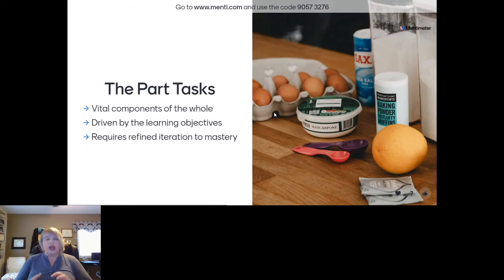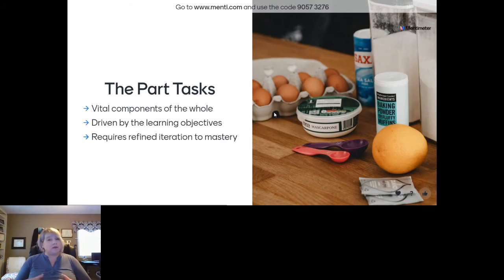Any given one of the critical part tasks that is not mastered fully will not get the individual to reliable whole task application, which is the ultimate goal. So the part tasks are typically driven by the learning objectives of your course. The learning objectives tell you what parts you need to put together in order to arrive at the purpose and aim of the intended outcome.